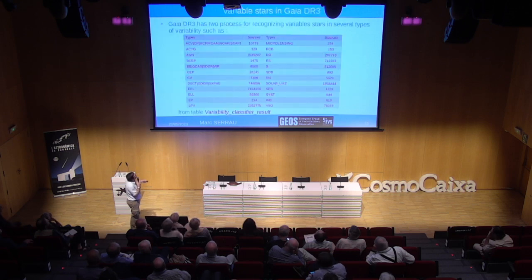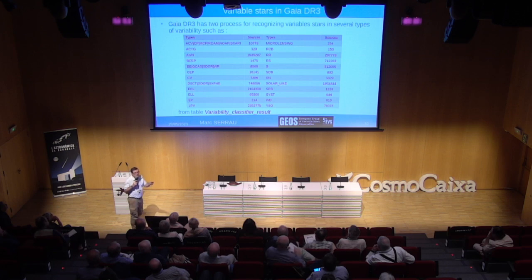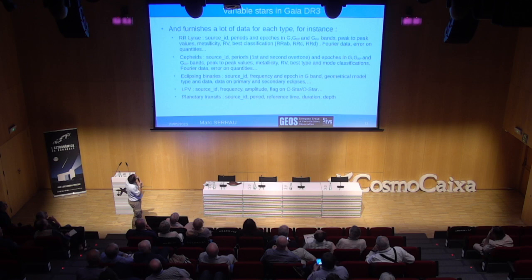For variable stars, you give more interesting data. Sure, these are the main types we can expect to have data right now from the variability classifier results and other tables. For these stars, we can expect a lot of data.